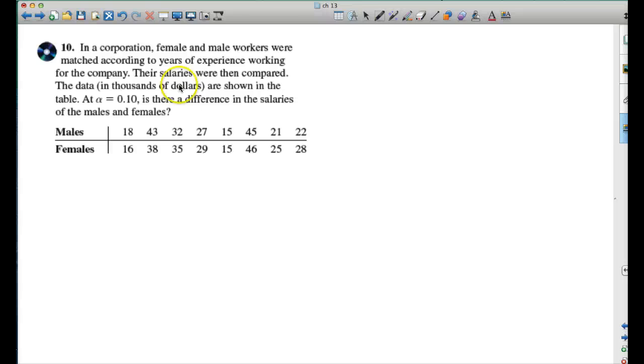The first thing we're going to do is state our hypotheses. The null hypothesis: no difference. The alternative: there is a difference. Then we have to find our test value. First, n equals how many values here? 8.